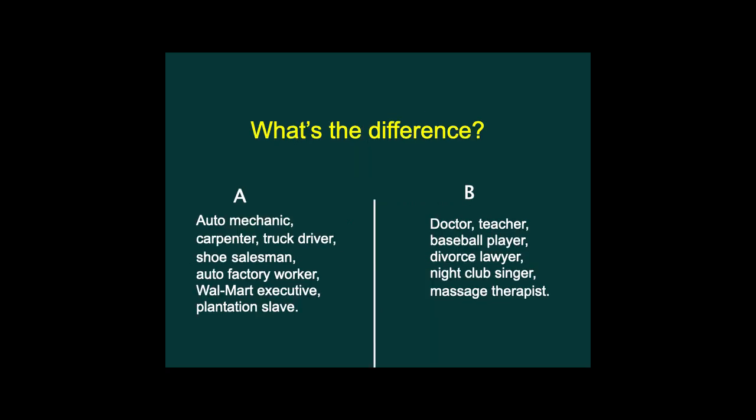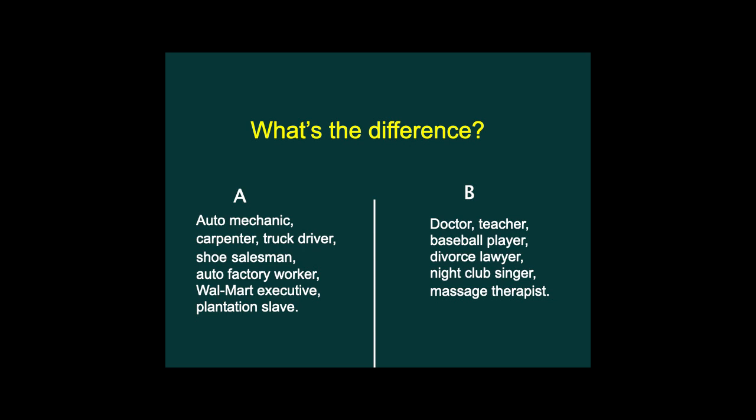Now, what's the difference between these two groups? The auto mechanic, the carpenter, shoe salesman, auto factory worker, Walmart executive, plantation slave, and the doctor, teacher, baseball player, divorce lawyer, nightclub singer, and massage therapist. Column B would be service workers. Amen.